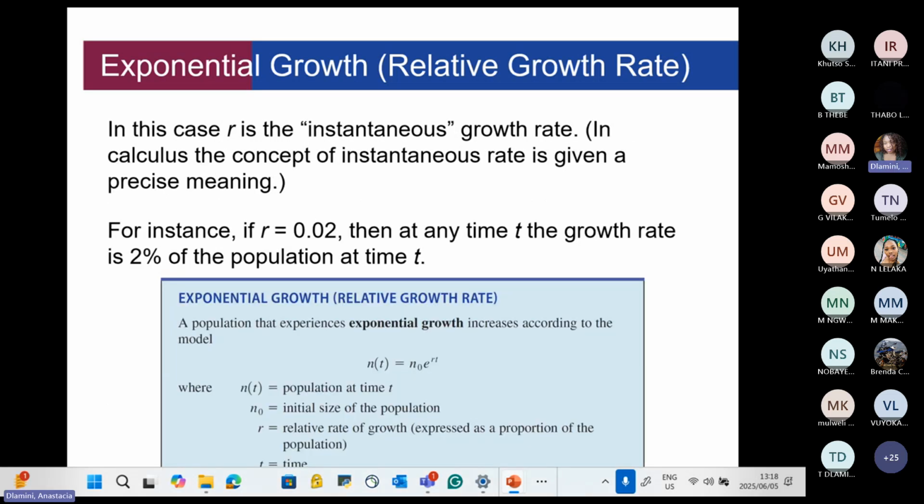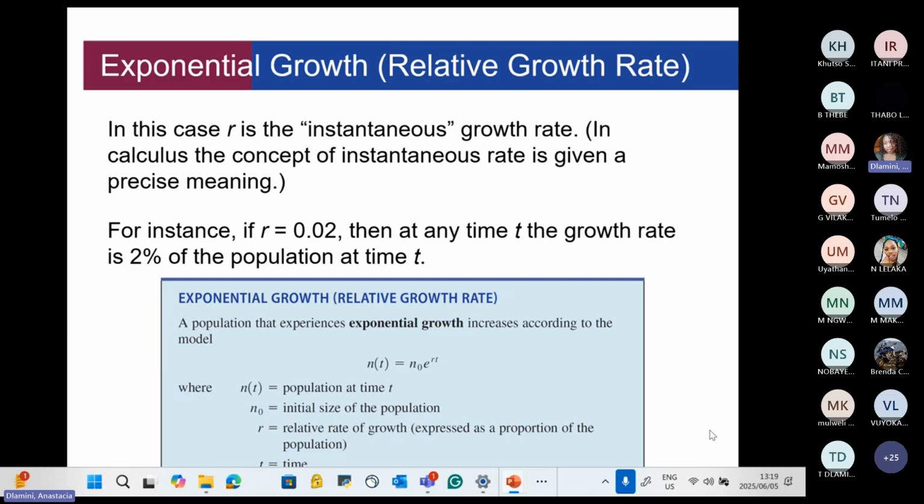Now they say, in this case, r is the instantaneous growth rate. In calculus, the concept of instantaneous rate is given a precise meaning. We'll know that when we're doing calculus. For instance, if r is equal to 0.02, then at any time, the growth rate is 2% of the population at that time. Does that make sense, guys?